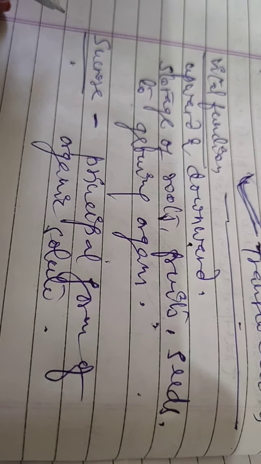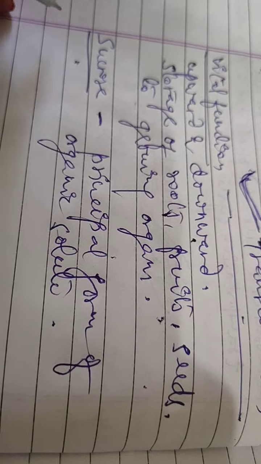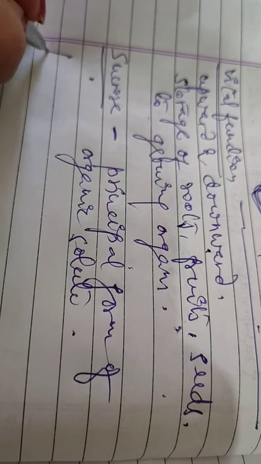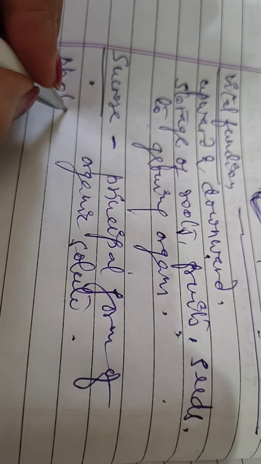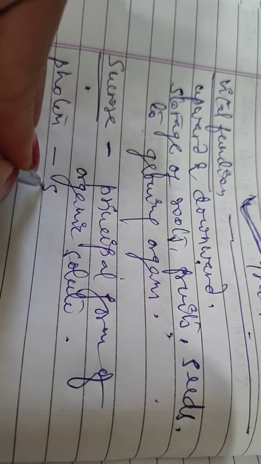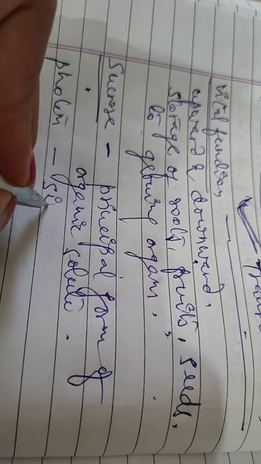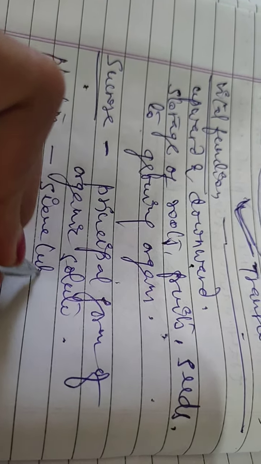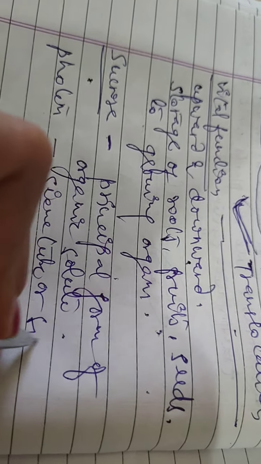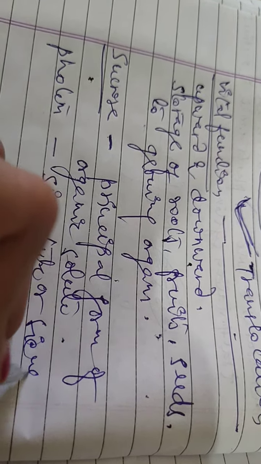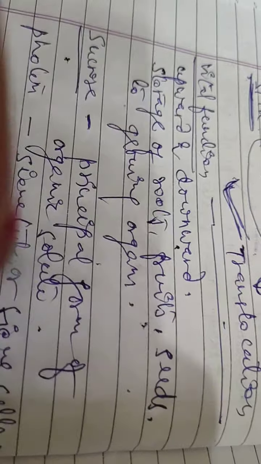So phloem is the pathway for translocation, and especially the sieve tubes or sieve cells of the phloem. What is the principle behind translocation?